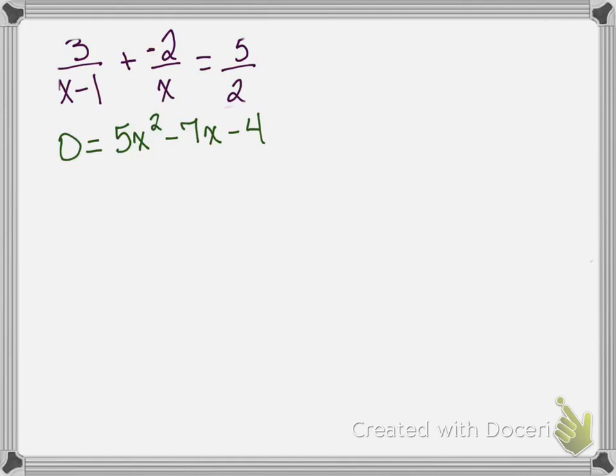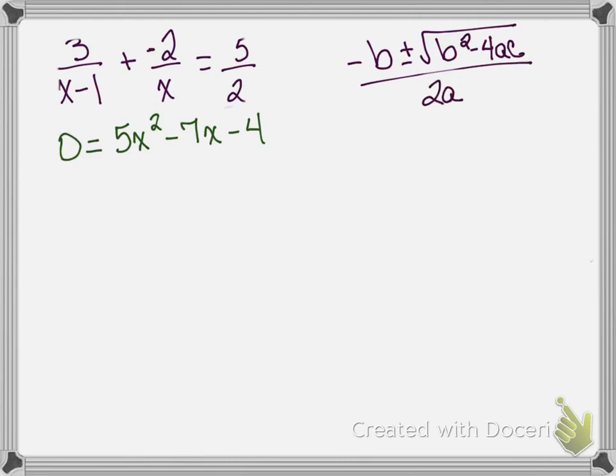But in general, when a is not 1 and b is not even, or either of those, I recommend going to the quadratic formula. And the quadratic formula is negative b plus or minus the square root of b squared minus 4ac over 2a. Now, our a value here is what? Our b value is, and our c value is negative 4.